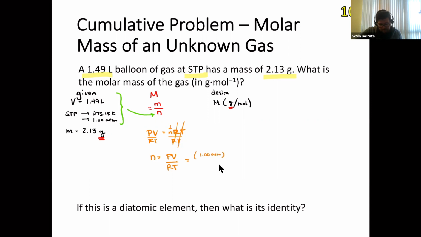1.00 atmosphere times 1.49 liters over 0.08206 atmosphere liter per Kelvin mole. And T was 273.15. Oh, oops, sorry.